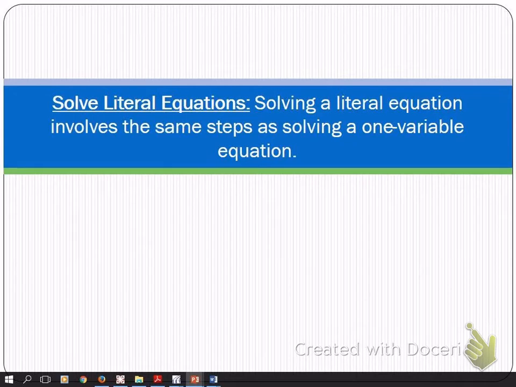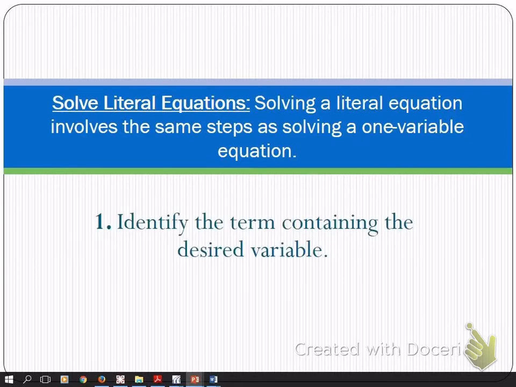Now, solving a literal equation is not quite the same as solving an equation. We're going to do it the same way we solve any equation, but we're not going to look for a numerical value, because we're going to have too many variables for that. We're just trying to take a literal equation and make it look different. But the steps are the same. First, we identify the term containing the desired variable, whatever variable we want to isolate, that entire term that has that variable in it.